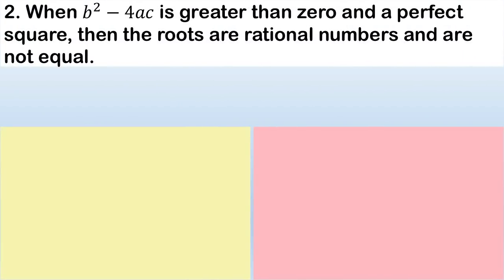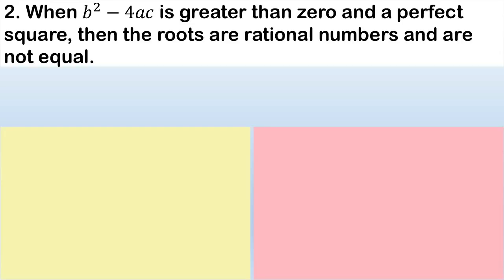Number 2. When b squared minus 4ac is greater than 0 and a perfect square, then the roots are rational numbers and are not equal. Ibig sabihin, ang value ng discriminant natin dito ay mas mataas kay 0.